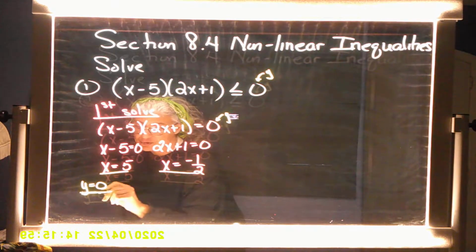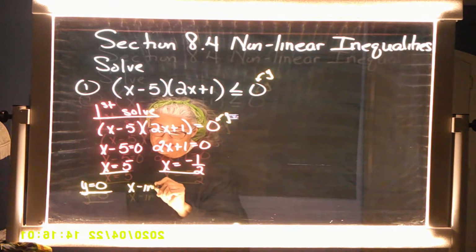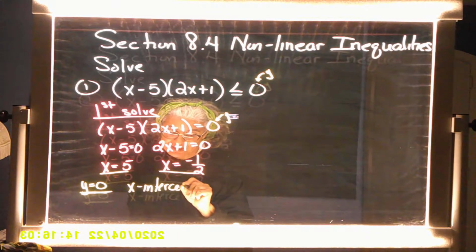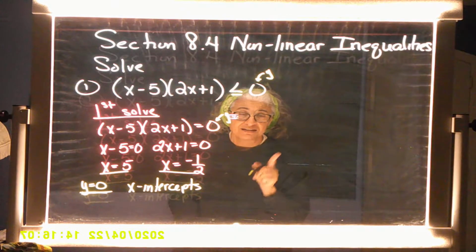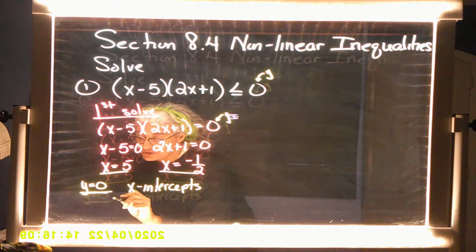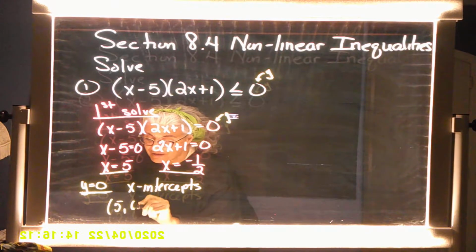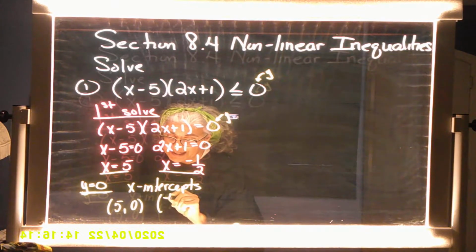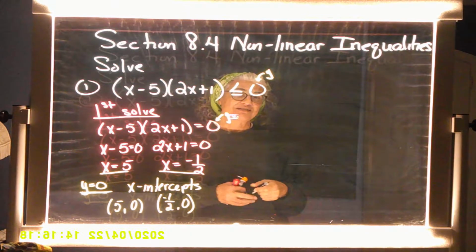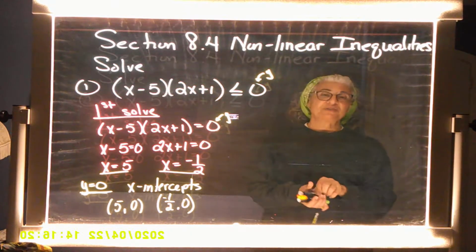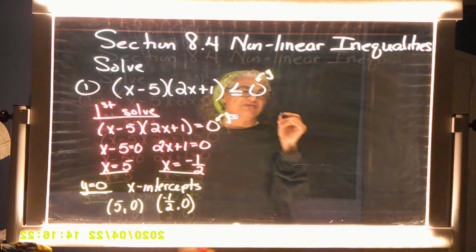When y is equal to 0, you are finding x-intercepts. And that means you have found two x-intercepts, (5, 0) and (negative 1/2, 0). Because you have x-intercepts, now it makes perfect sense for me to graph.